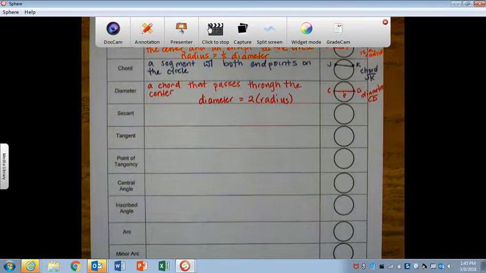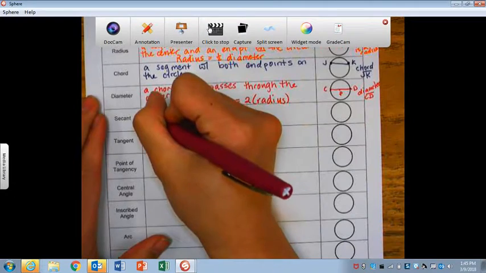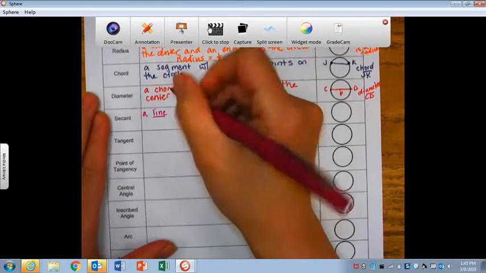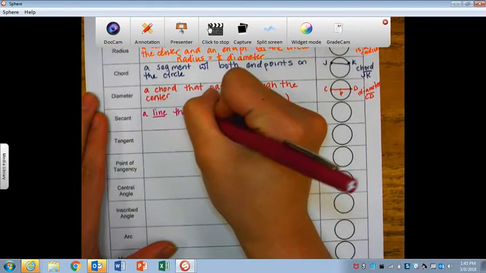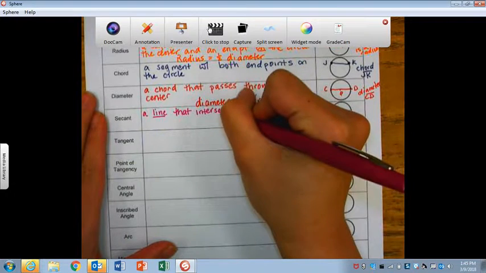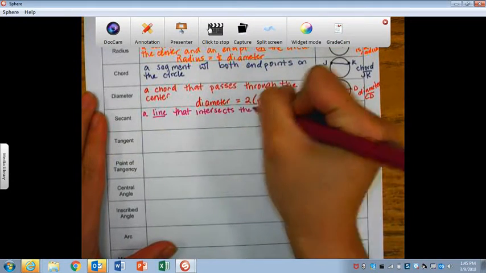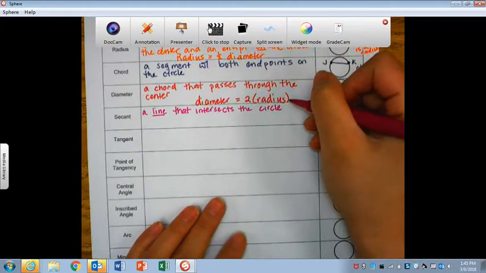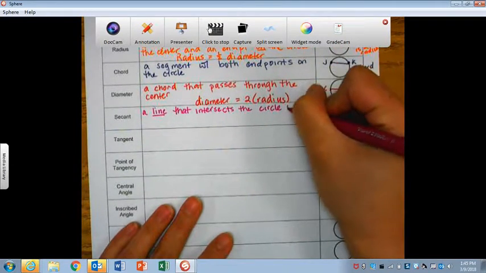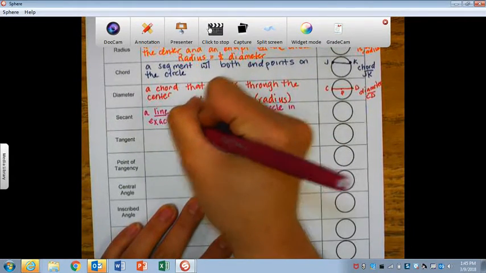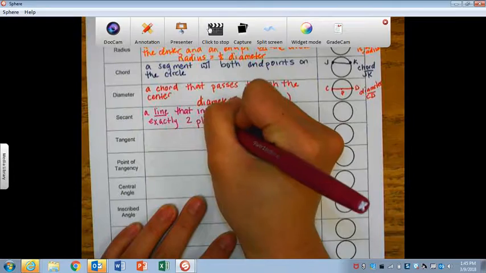Secant is a line, so that's important, a line that intersects the circle in exactly 2 places.